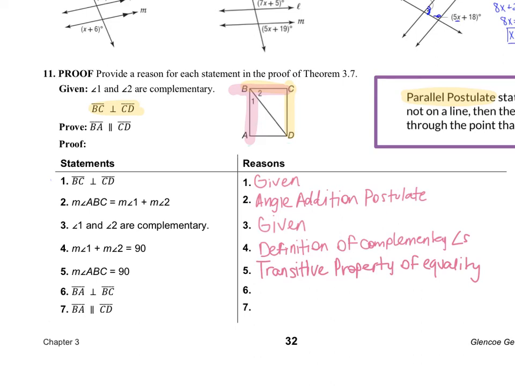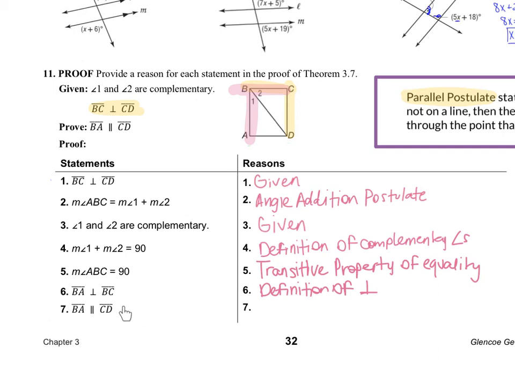What that means reason-wise is just the definition. I'm going to shorthand this one so I have space. If it's telling me it's perpendicular, it's just the definition of perpendicular, looking at these two lines.